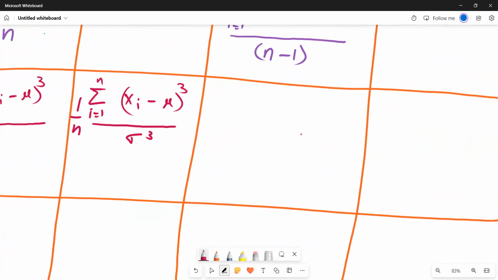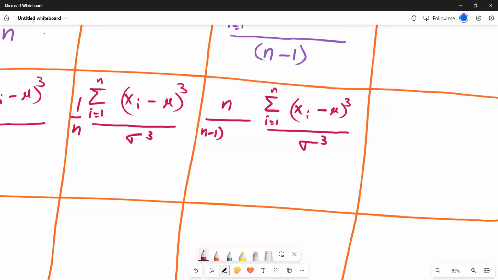We'll simply keep the rest of the terms as they are: the summation of I equals 1 to n, xi minus mu whole cube divided by the cube of the standard deviation. And the sampling adjustment that will be added to this is n divided by n minus 1 into n minus 2, right?